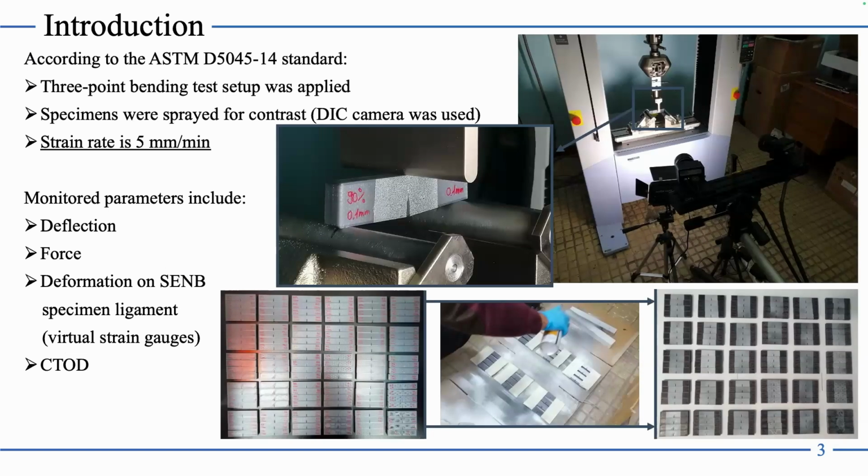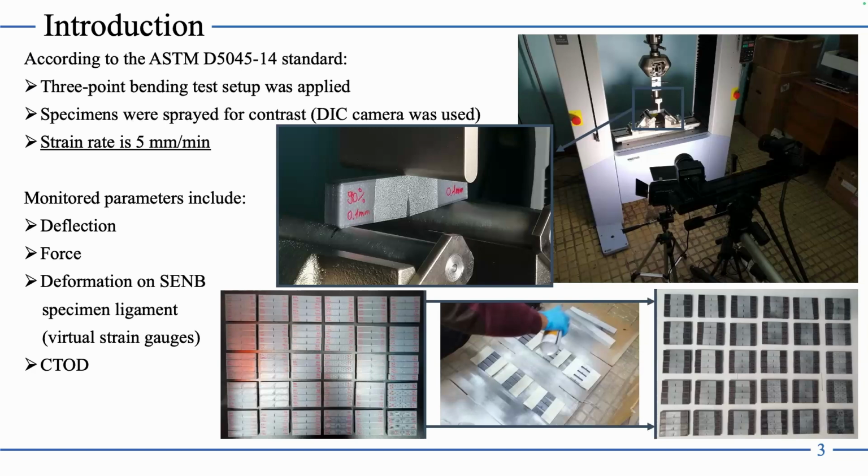As an addition to the fracture toughness test, we also used the DIC camera. So you can see here the tensile testing machine and the two-camera device. We also sprayed our SENB specimens with a regular spray, just for the contrast, for the DIC to capture the full field deformation from the front side.